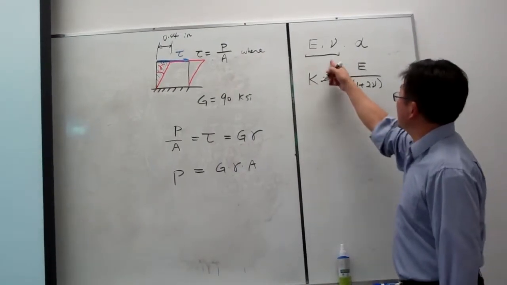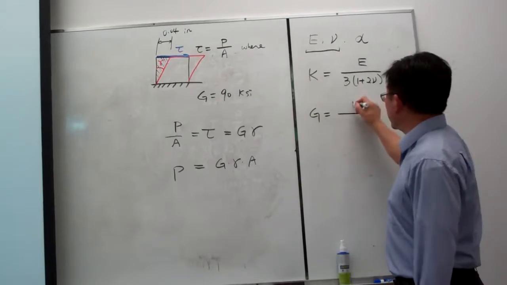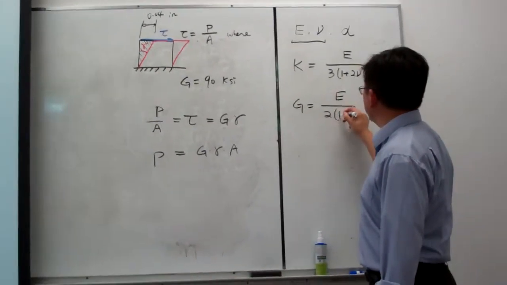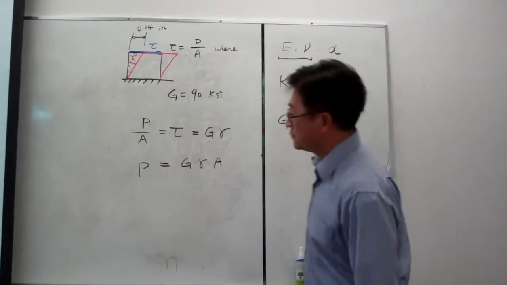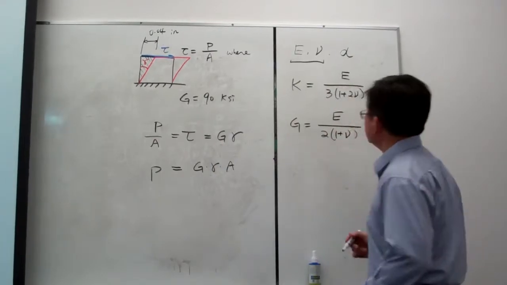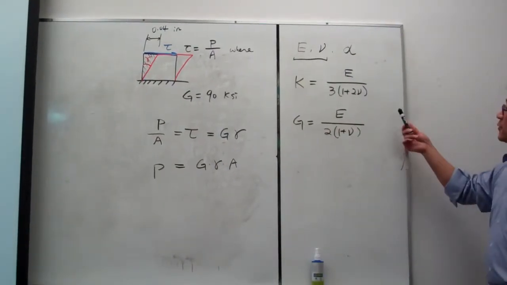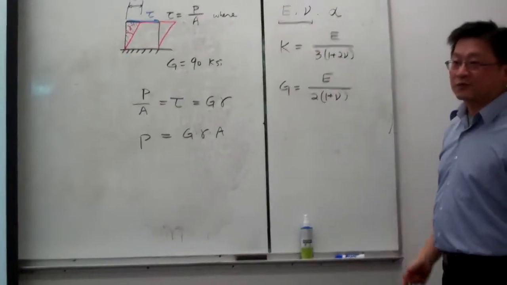And also from the 2 quantities, we can derive the shear modulus, E over 2 times (1 plus nu). So here I just tell you, as long as we know 2, then we can get the other 2.